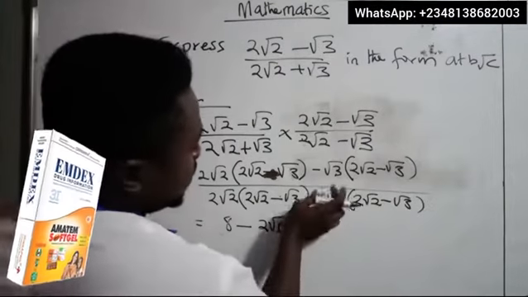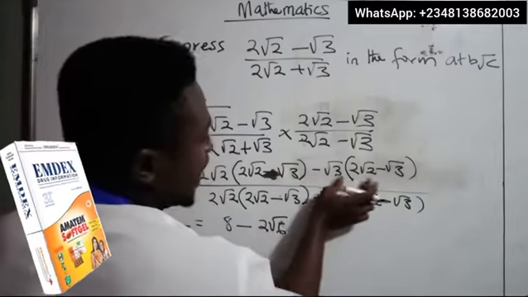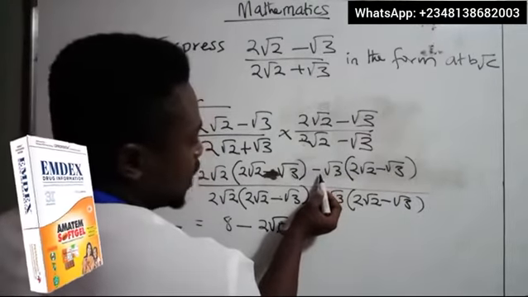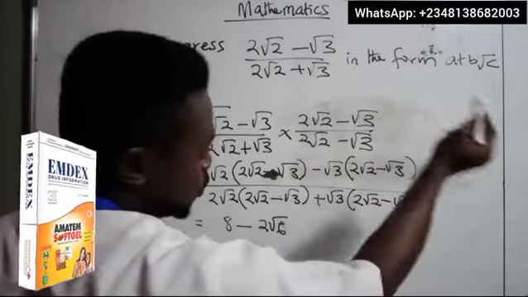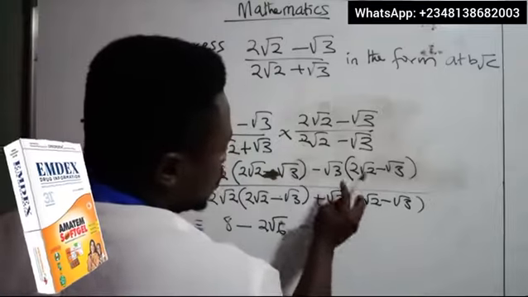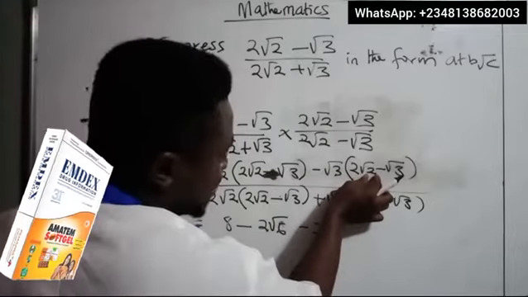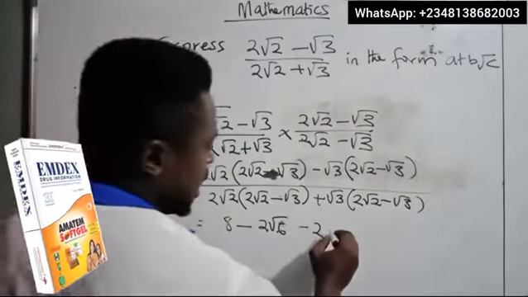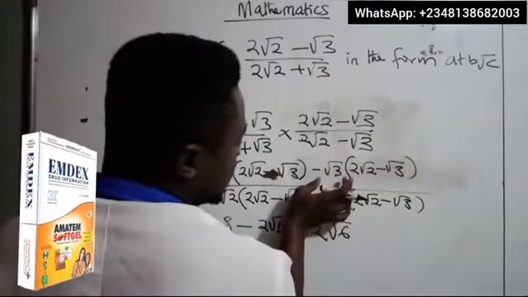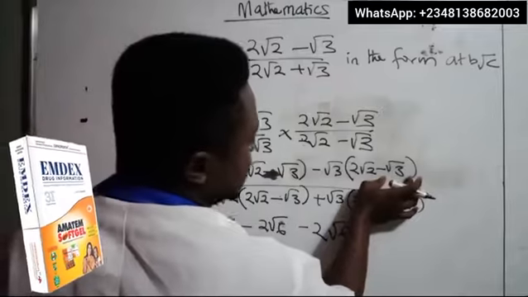We now have minus root 3 times root 2. The coefficient of this root 3 here is minus 1, so minus 1 times 2 is minus 2. Then we have minus 2 root 6. Now let us multiply this again: minus root 3 times minus root 3.